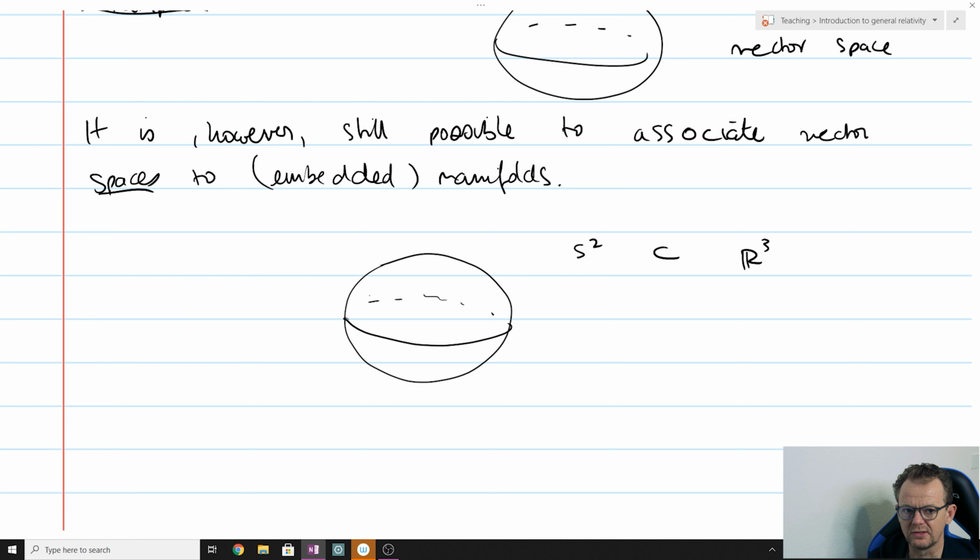But there is actually associated to S2, or to every point in S2, a natural vector space. And that's the tangent space. So if you have a point P on S2, then we can associate to that point P the tangent space. This is the two-dimensional hyperplane that kisses the sphere at that point.